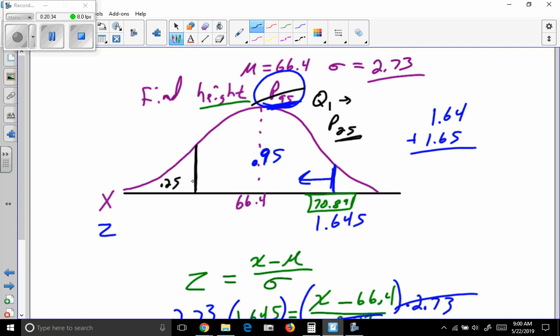Notice I put this on the left side of the mean because if it was on the right side of the mean, it would have more than 50%. So if our area to the left is less than 50%, it has to be over here somewhere. We can look up this area in our table, and that'll give us Z. Once we get that Z, we can find the X that goes with it by using our formula.